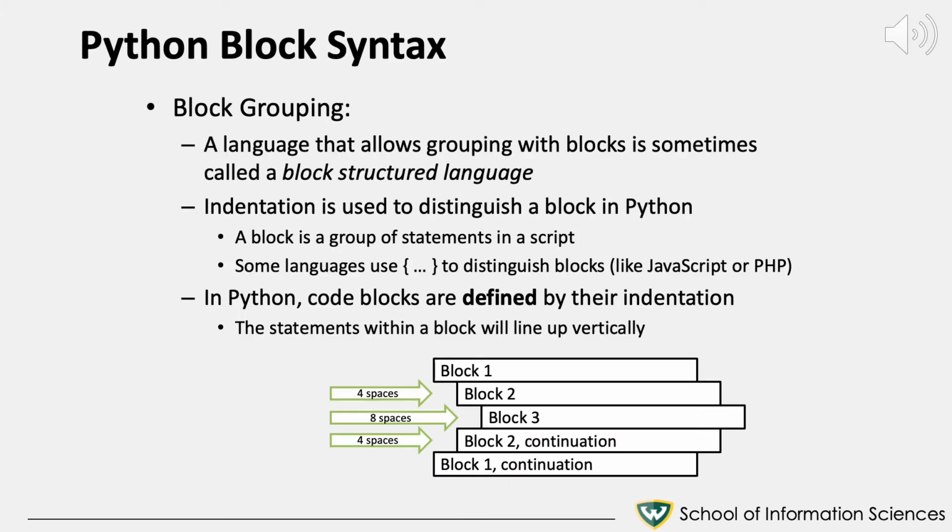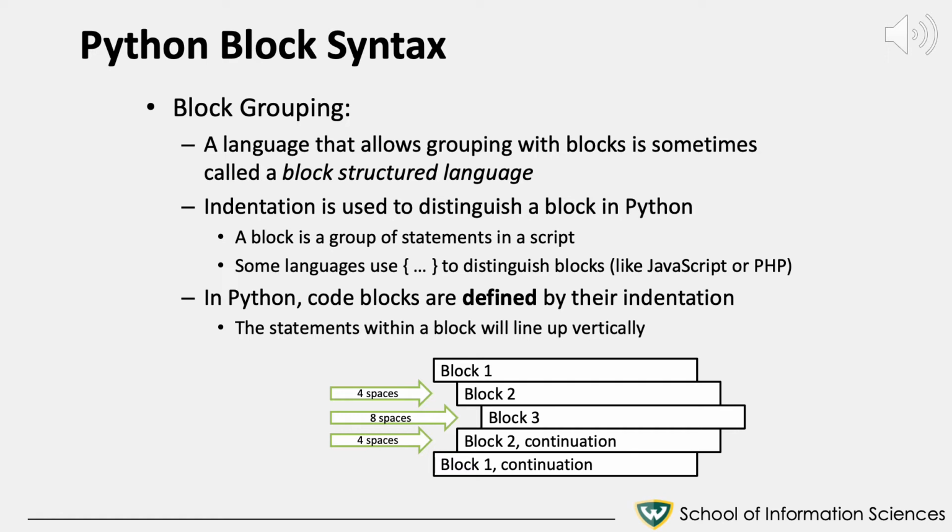Now, Python's a general programming language. What's really unique about Python is that it's a block structuring language. And what I mean is that Python uses indentation to distinguish blocks of code.